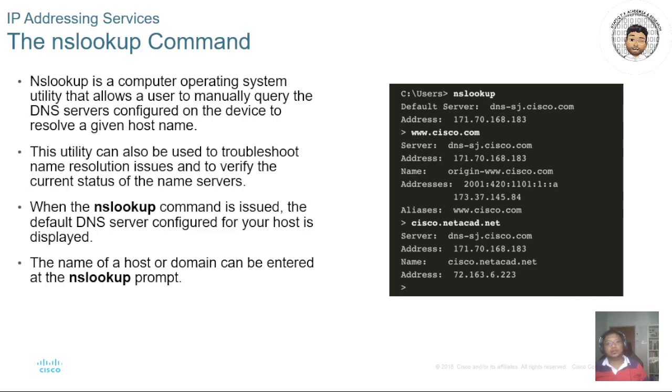It means you want to look into what kind of server you are looking for, and what the IP address is, in case it is stored in your PC or not. The utility can also be used to troubleshoot name resolution issues and to verify the current status of the name server. When the nslookup command is issued, the default DNS server configured for your host is displayed.